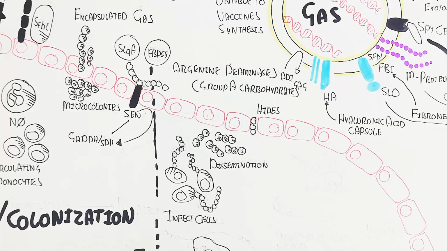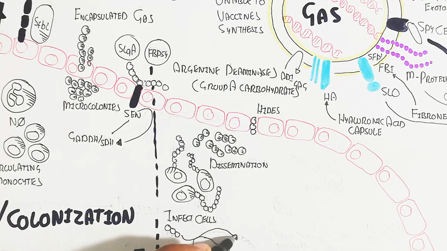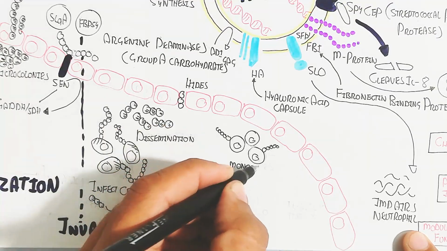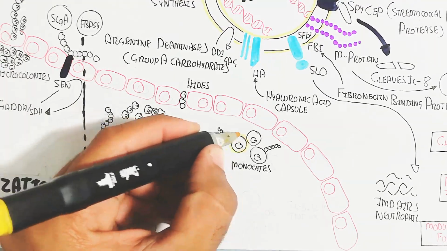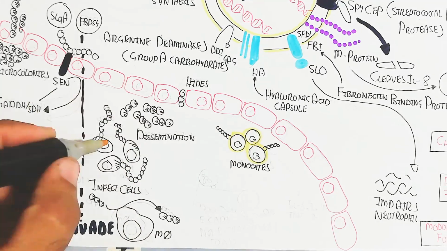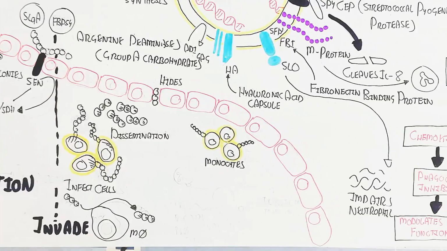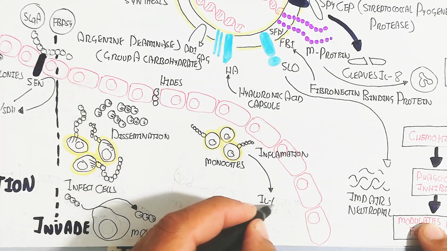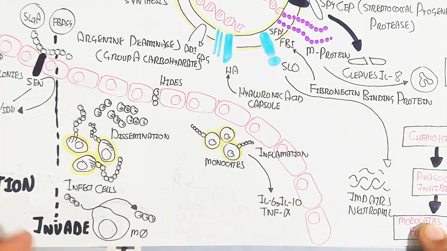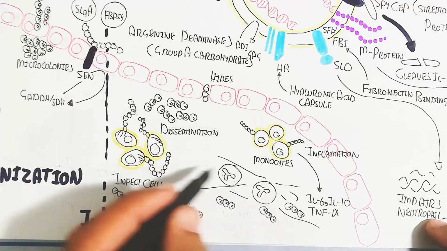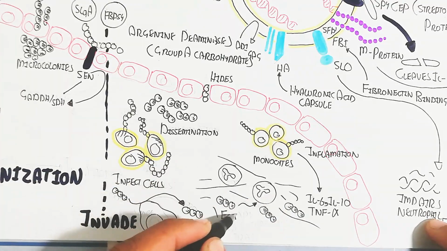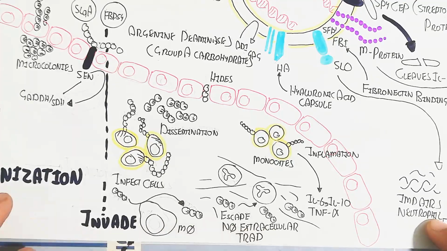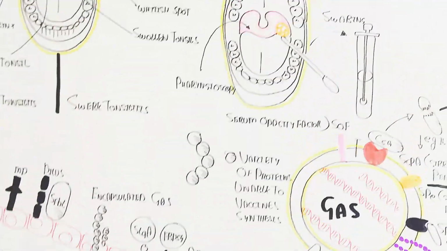On the other hand, the GAS will escape from the macrophage by a variety of proteins and enzymes. The monocyte will be inflamed by the infection because the macrophage will not work, and it produces more interleukin 6, 10 and tumor necrosis factor alpha. In this way it escapes from the neutrophil extracellular trap.